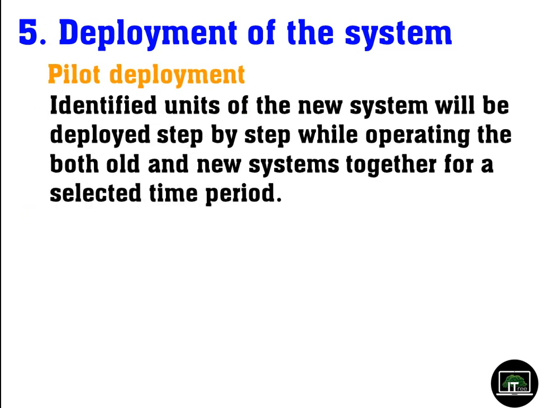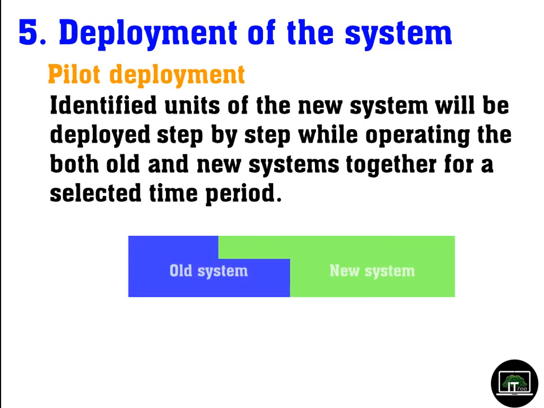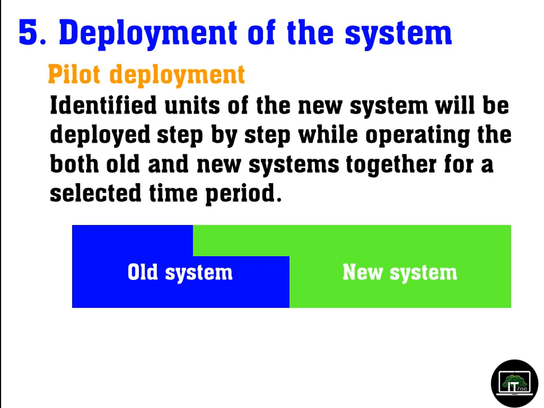Third one, pilot deployment. It is a good approach. It is a combination of the direct system and the phase system. What we do is break the system into small units and introduce it part by part. So for a while we use the old system and new system sections together.